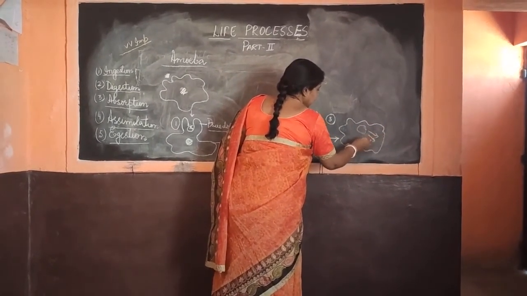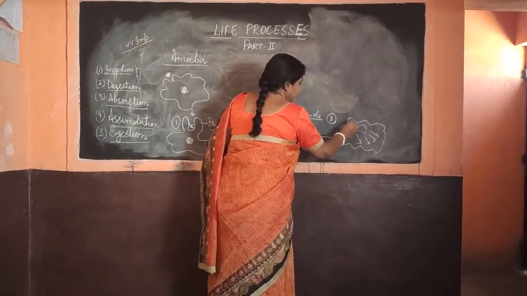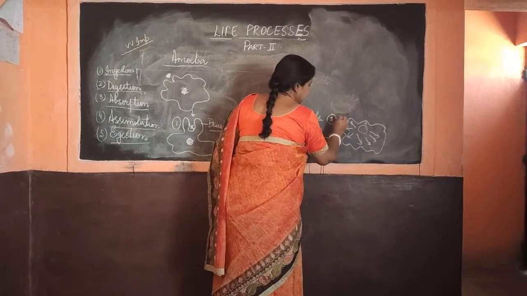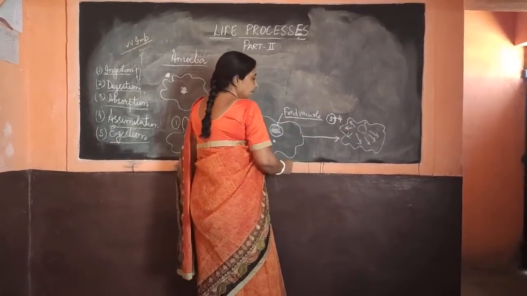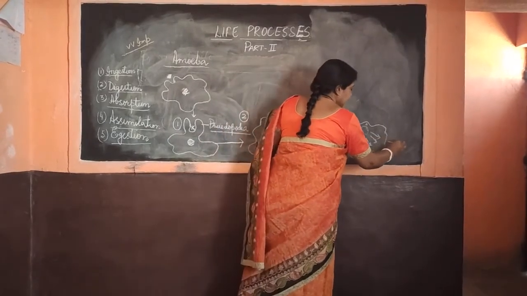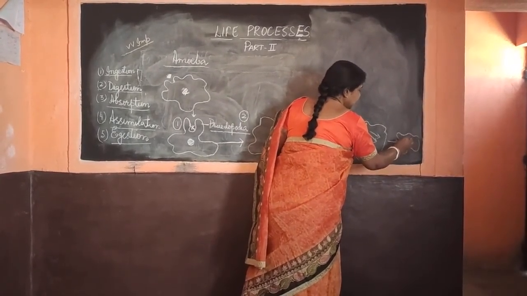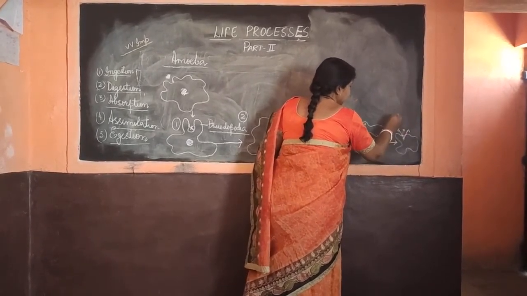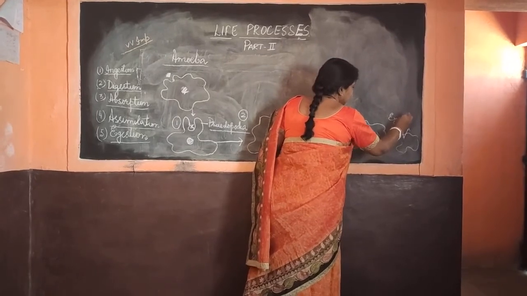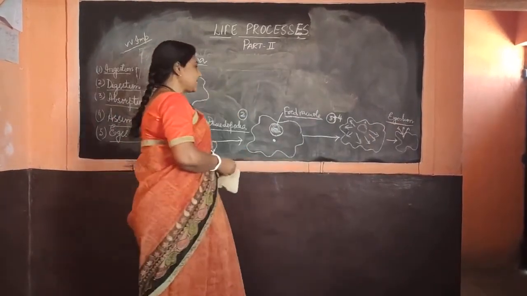Then the digested food will be absorbed by the cell and then assimilated. And ultimately the undigested food will be eliminated out of the cell, and this is known as egestion.